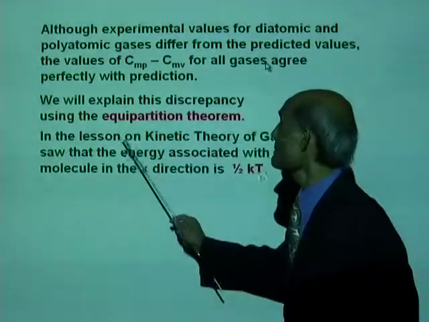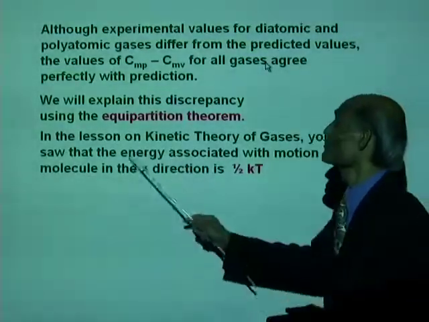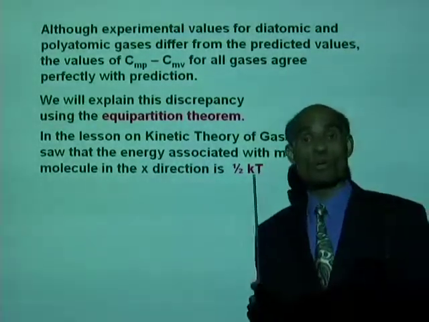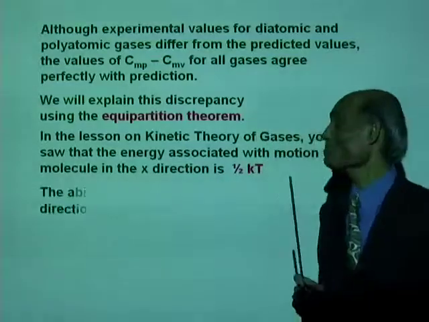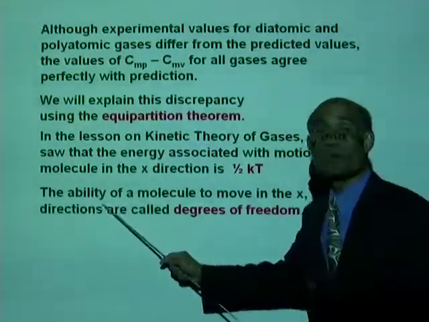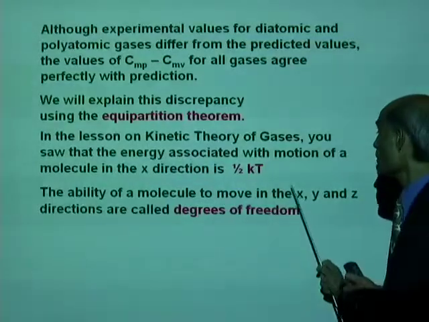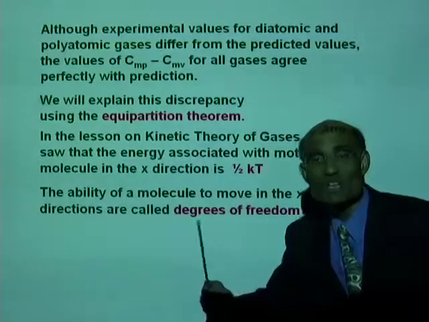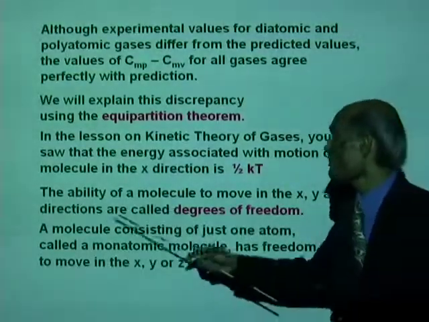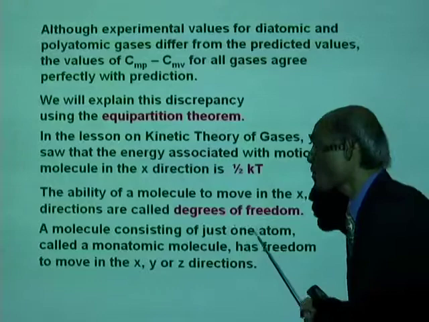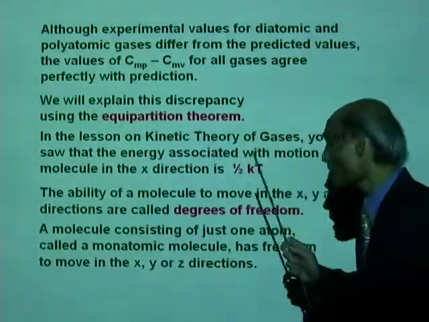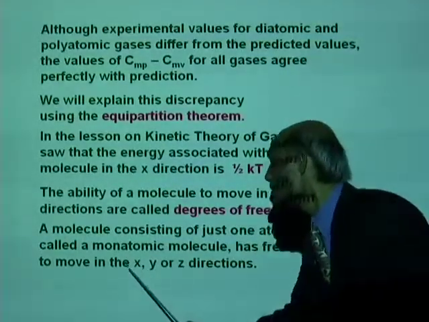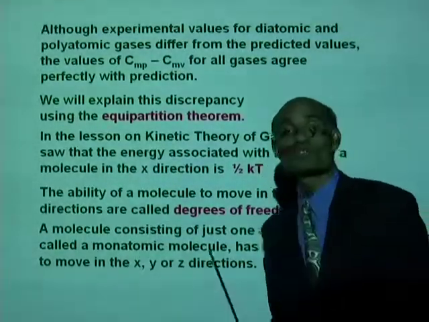What is it? In the lesson on kinetic theory of gases, you saw that the energy associated with motion of a molecule in the X direction is 1/2 kT. The ability of a molecule to move in the X, Y, and Z directions is called degrees of freedom. A molecule consisting of just one atom, called a monatomic molecule, has the freedom to move in the X, Y, or Z directions.